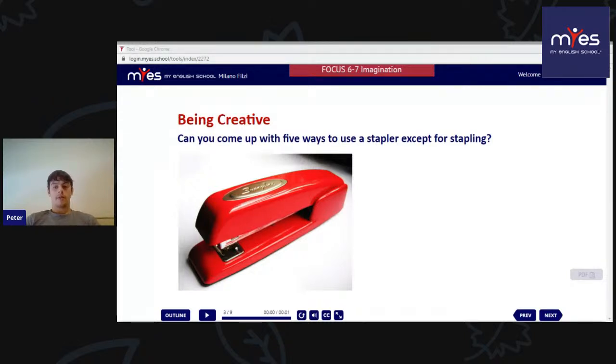A stapler is the object in the picture, and the verb to staple is the action of using the stapler to connect different pieces of paper. All right, so 5 different ways to use a stapler.